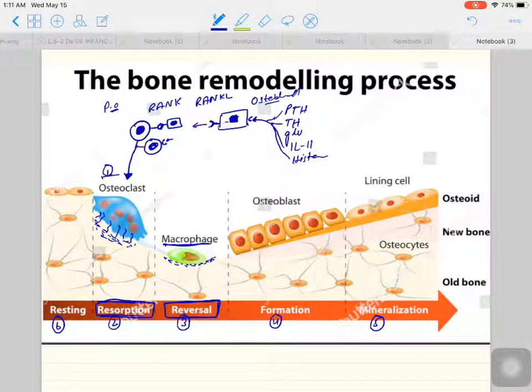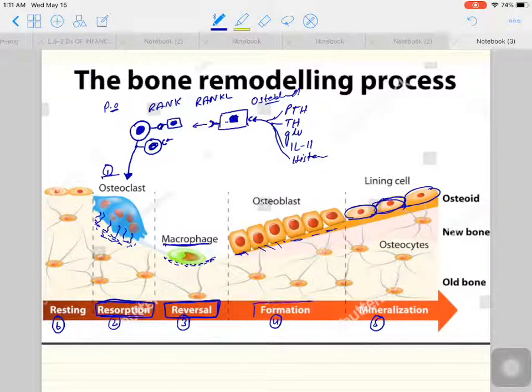After that, the osteoblast is activated and it acts on the damaged bone surface and tries to form new bone cells. Finally, they form a new lining of bone cells.